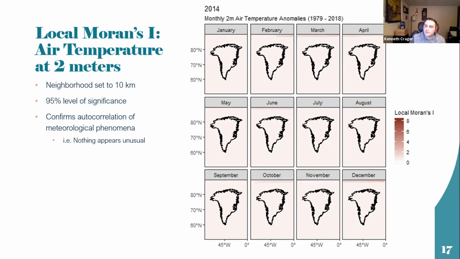One of the things I am considering, though, is going back through and playing with the size of the neighborhood in this particular calculation. The data is provided at a 1/4 degree resolution, so that 10-kilometer neighborhood includes a fair number of points.